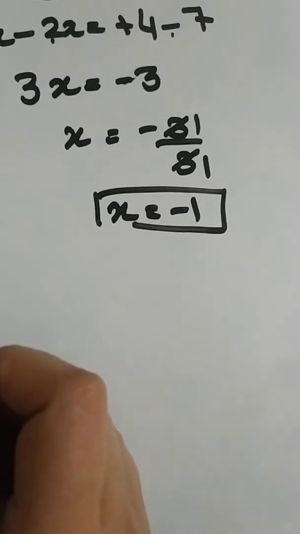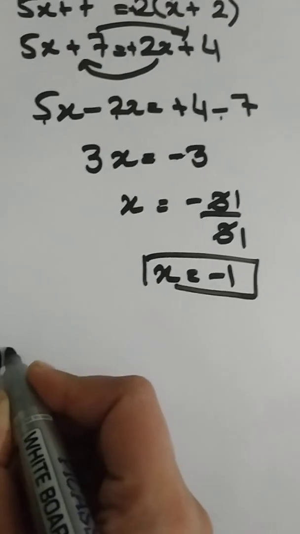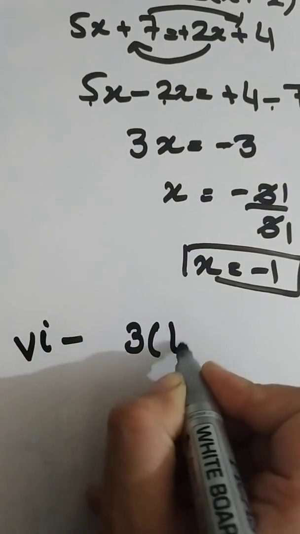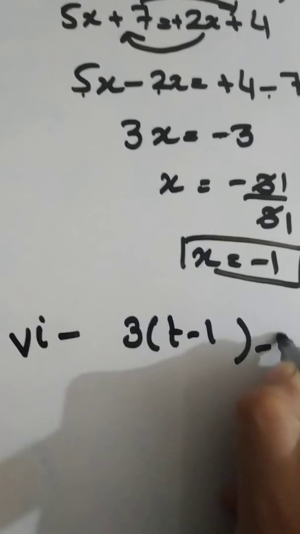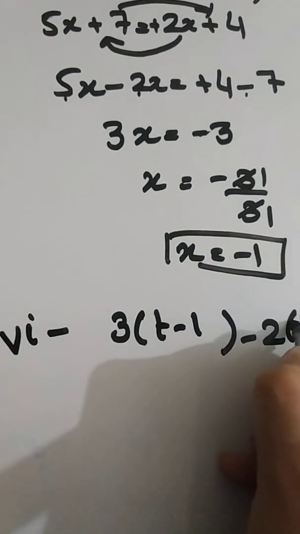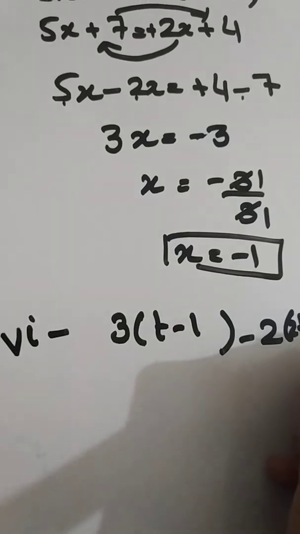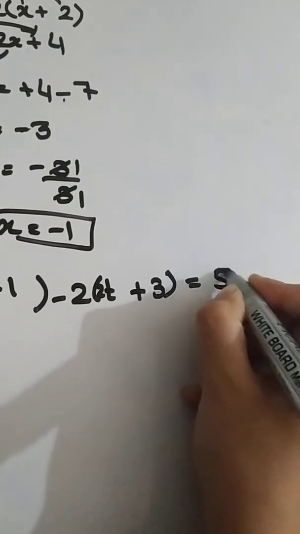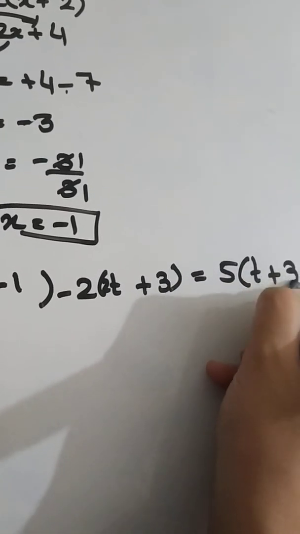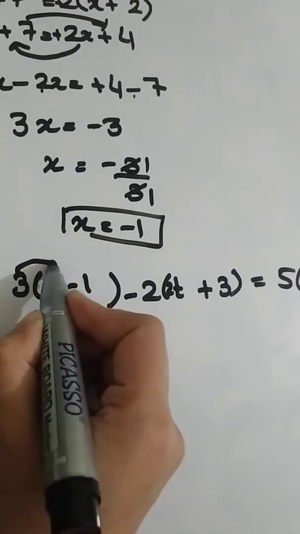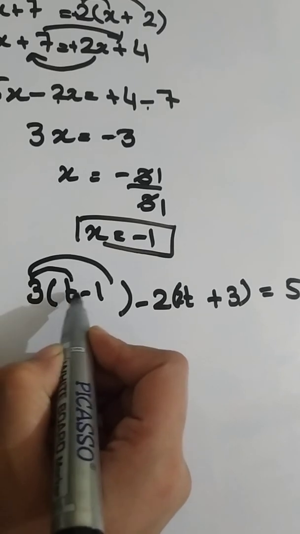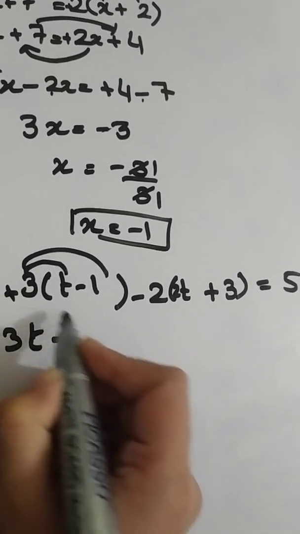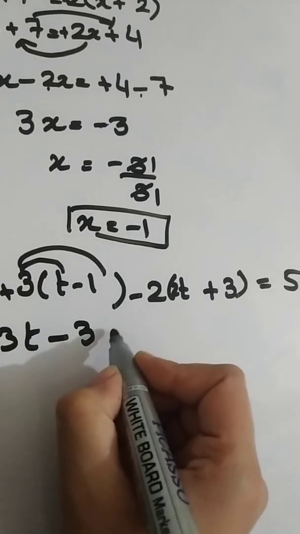Now I am moving to its part number 6. So here 3 will multiply with t and 1, 3t, plus minus minus, 3 1s are 3.